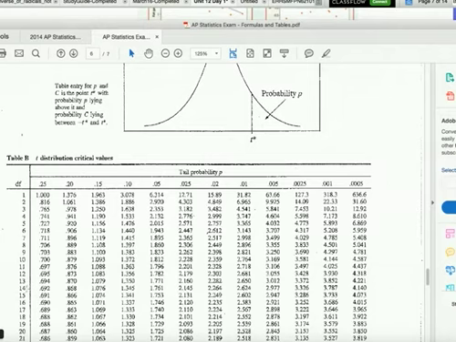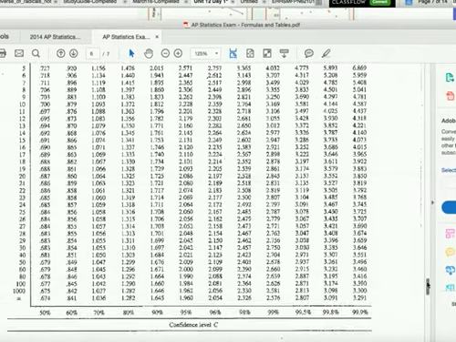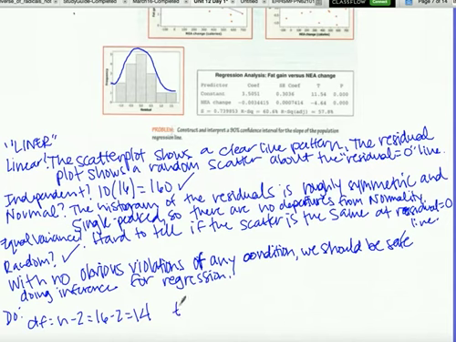It asks us to do a 90% confidence interval. So we find where 14 and 90% match up, which is 1.761. So that makes our T star 1.761.